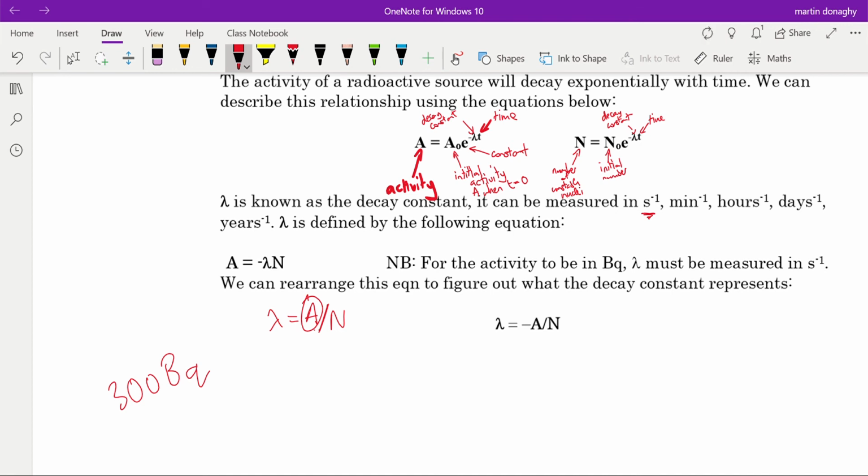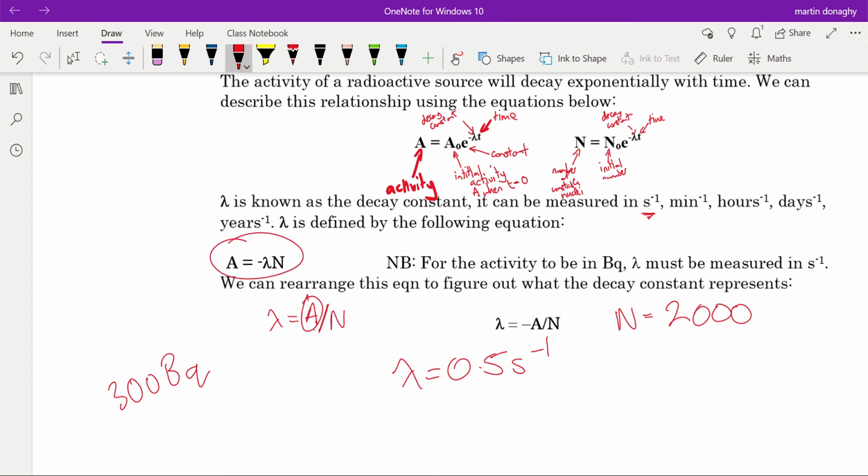So what that means is that if something has a bigger decay constant, it's going to decay more rapidly, because we're going to see more activity per second per nucleus that is present. For instance, if I have a lambda of 0.5 per second, and let's say I have 2000 unstable nuclei present, we can put that into this equation.